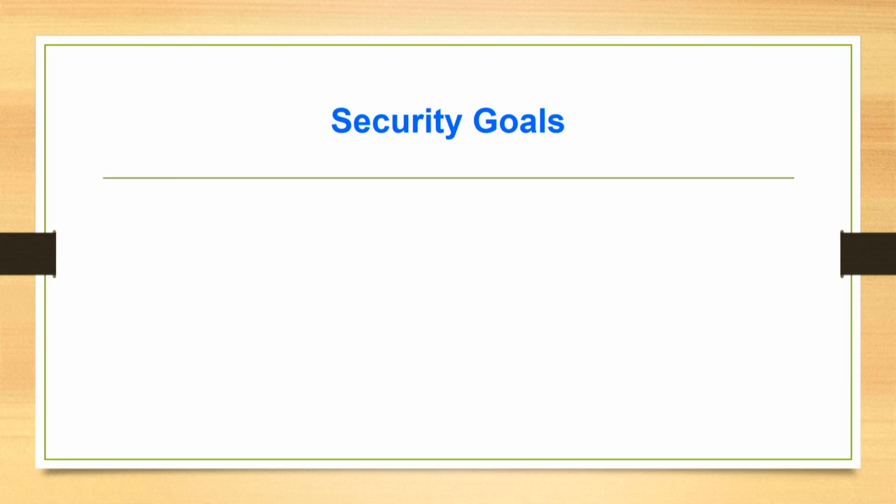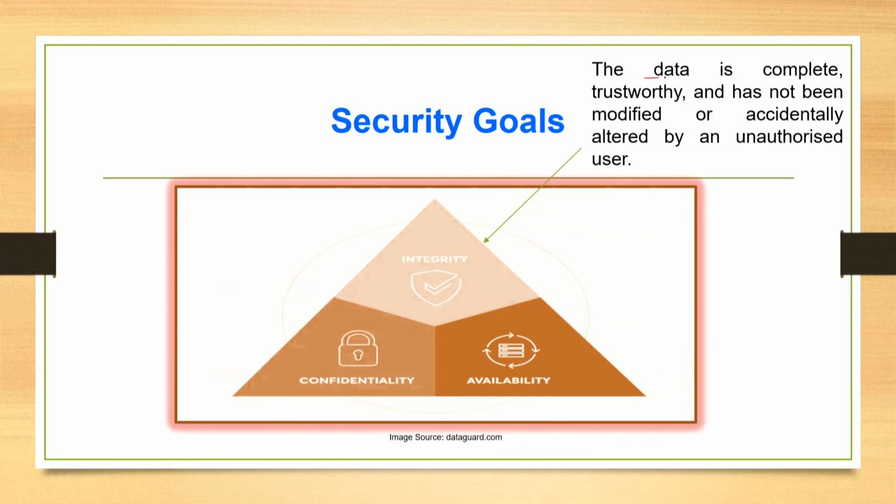So what are confidentiality, integrity, and availability? These are the security goals of any network security system. Integrity means the data is complete, trustworthy. It ensures your data is accurate and it has not been modified or accidentally altered by an unauthorized user.